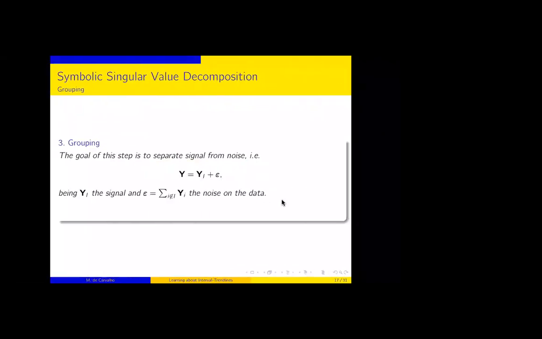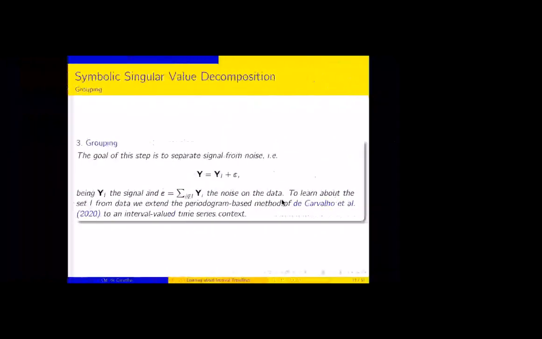Essentially, y is equal to the sum of all the yi's, and we just want to preserve some of those yi's. We don't want all these matrices, just the ones that are containing signal, and we'd like to get rid of those that are accounting for noise. So we'd like to just focus on this one there because we want to learn about trend lines. Okay. How do we do that?